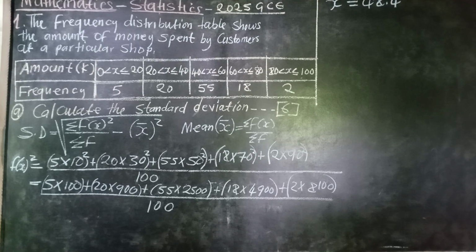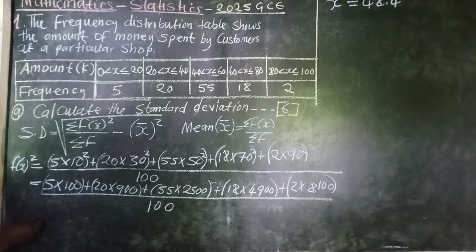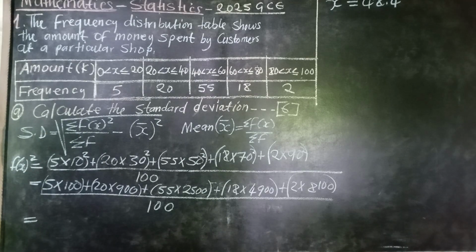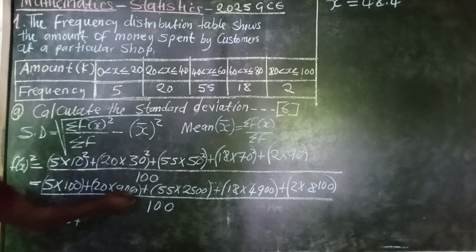So here we are going to say the f of x is equal to 5 times 100. This will give us 500 already. 500 plus 20 times 900.